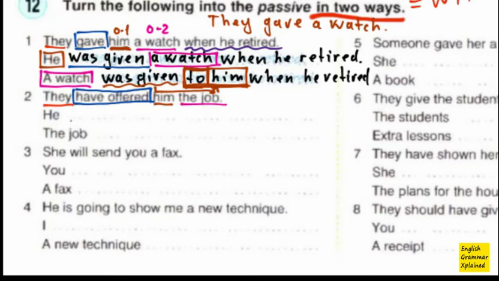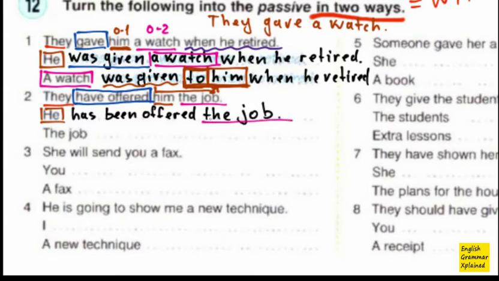So firstly, I make a sentence with object number 1. He has been offered the job. And that's it. The job doesn't change, and my main verb turned into passive here, like this.